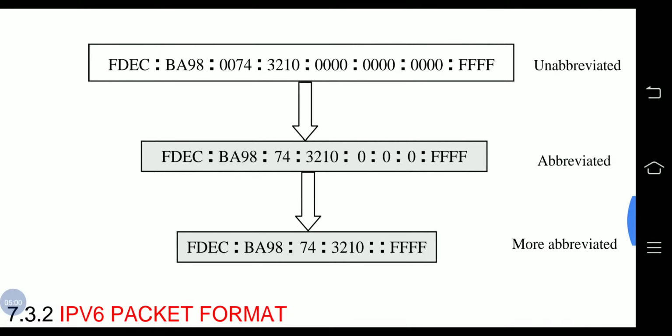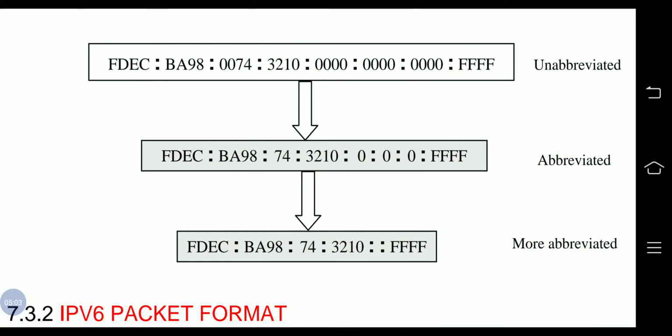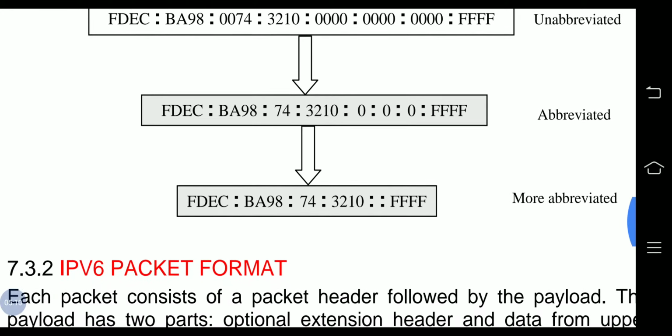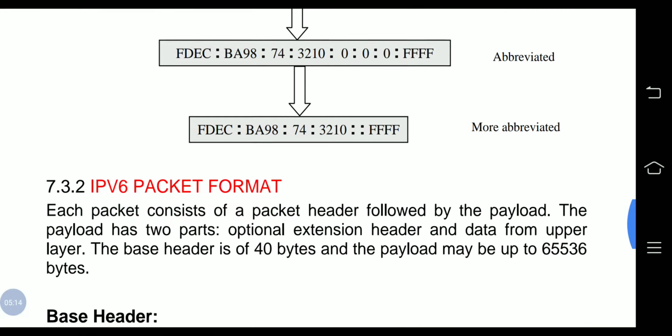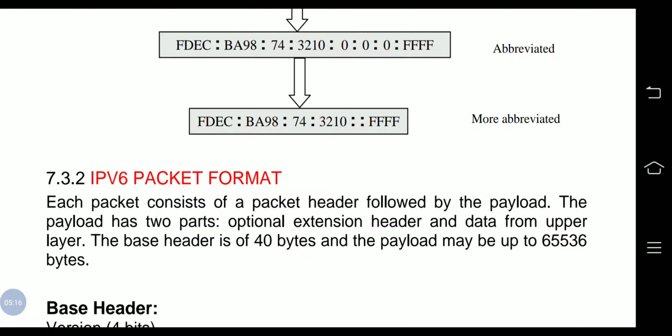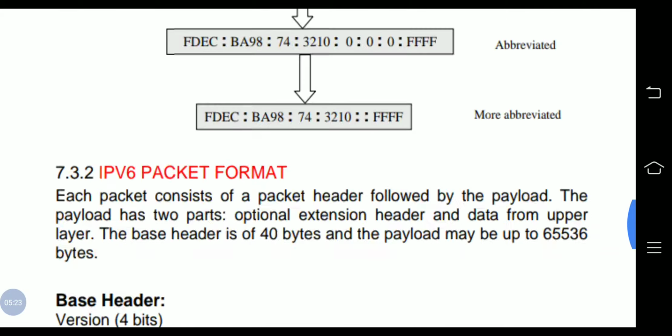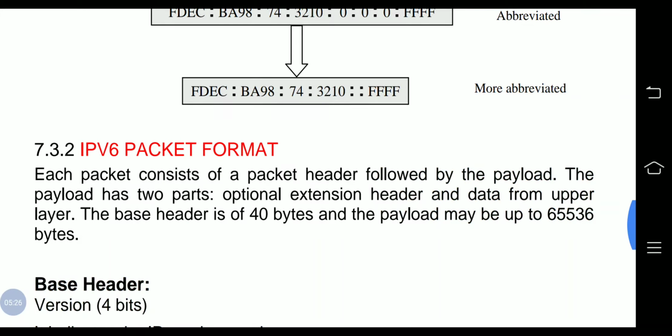These are examples just to show the difference between unabbreviated, abbreviated and more abbreviated forms. So don't look at it as consisting of hexadecimal and decimal addresses. Just focus on the zeros, how to eliminate the zeros and how to add the colon in place of the zeros.